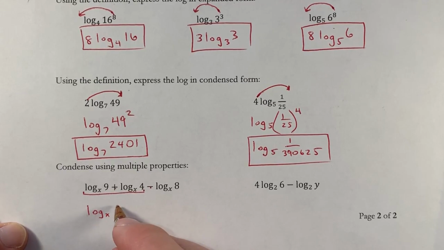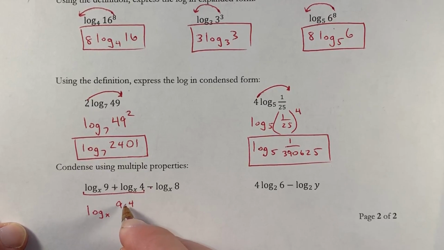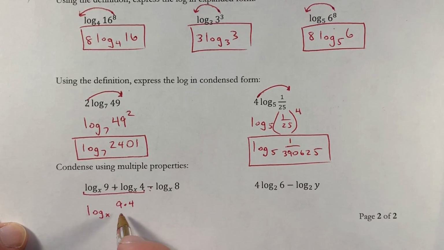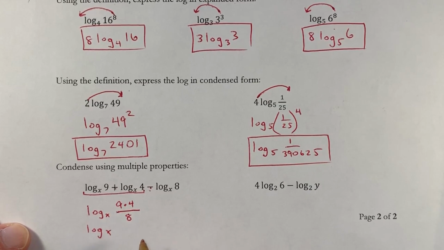So I've got log base x of 9 times 4. And then that subtraction means I'm going to divide. So I'm going to divide by 8. Okay, so that is log base x of 9 times 4 is 36 over 8.